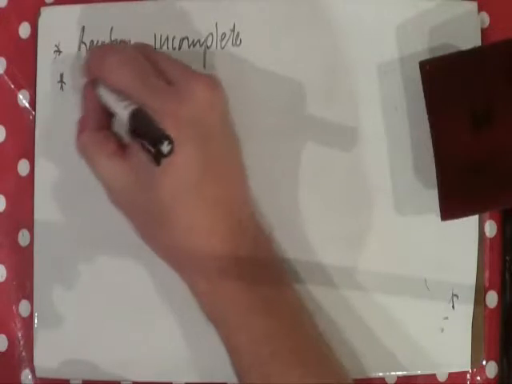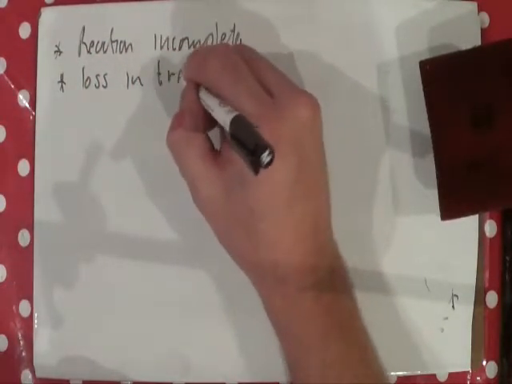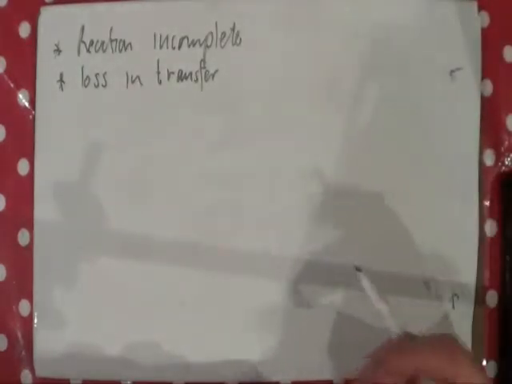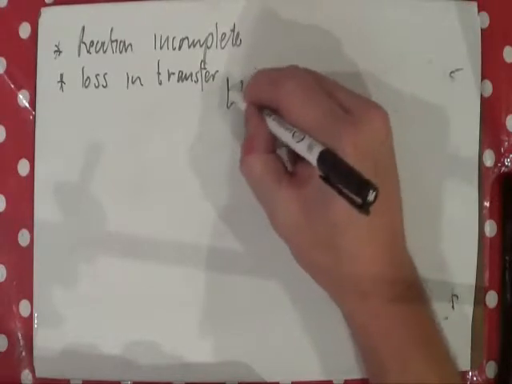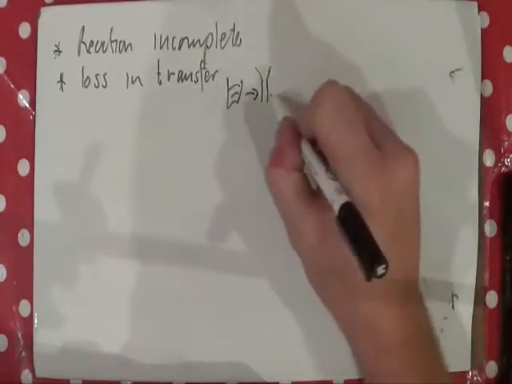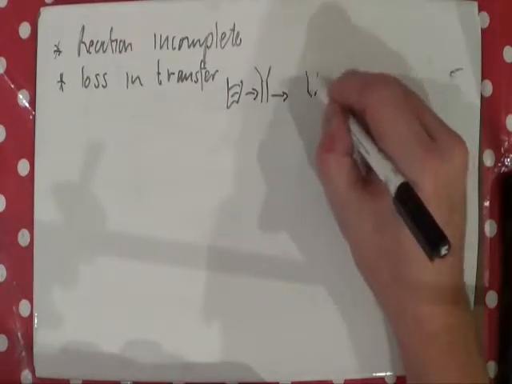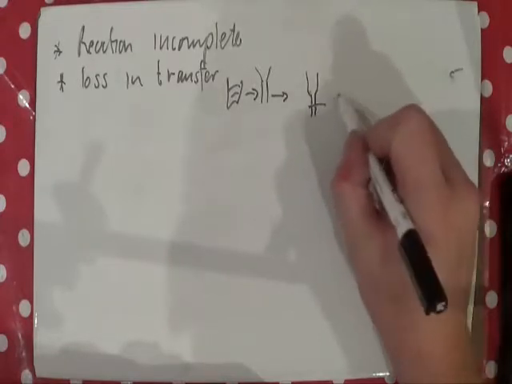Why else? Well, you will have some loss in transfer. So doing this reaction to get your final pure product, you're moving the reactant, and you're moving the product from, maybe you're starting off with it reacting in a beaker, then you're filtering it, then you're maybe putting it into what we call a separating funnel.